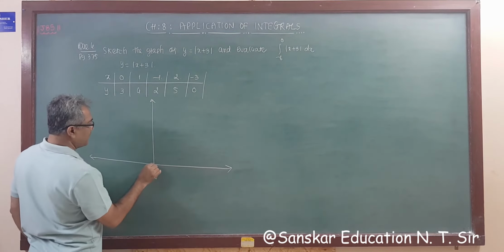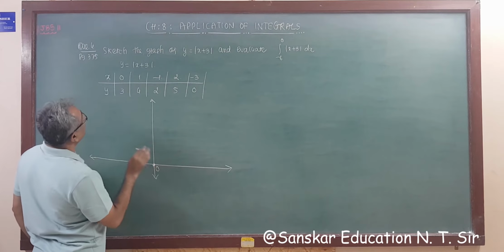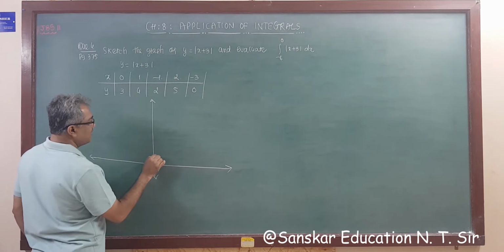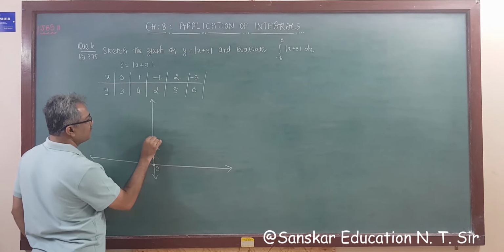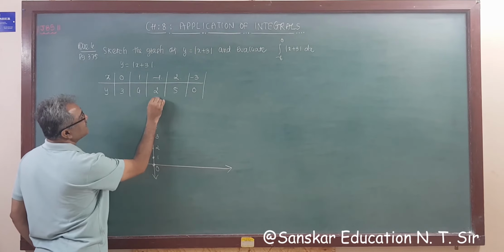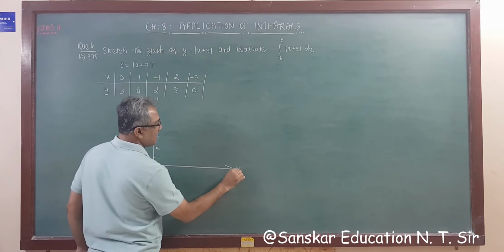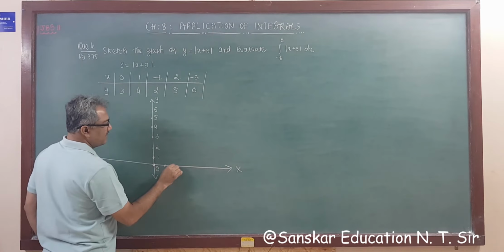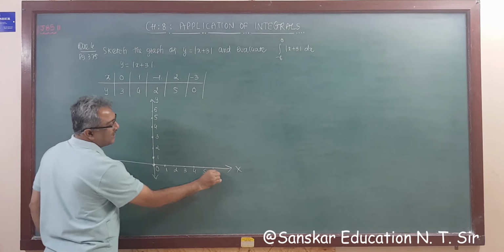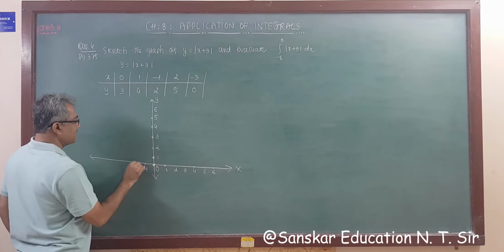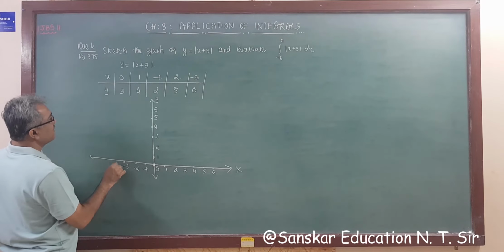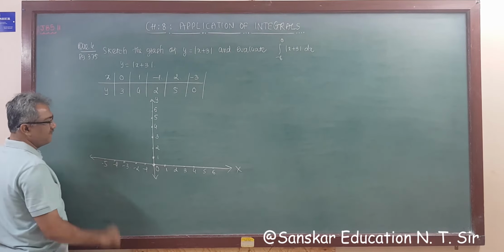We have to take up to minus 3, so it is enough for the x axis, but we have to go more for the y axis. That is 1, 2, 3, 4, 5, 6 on the y axis. This is the x axis: 1, 2, 3, 4, 5 and 6, and similarly minus 1, minus 2, minus 3, minus 4 and minus 5.